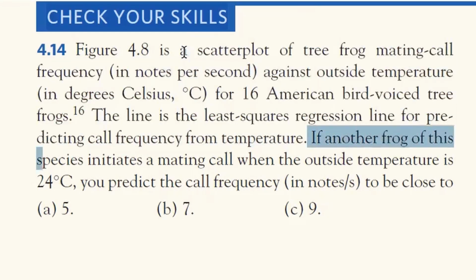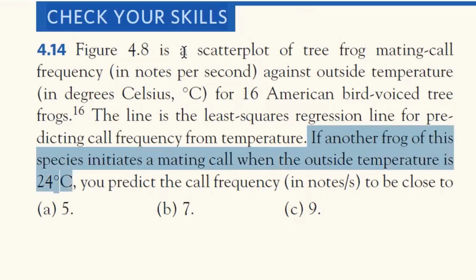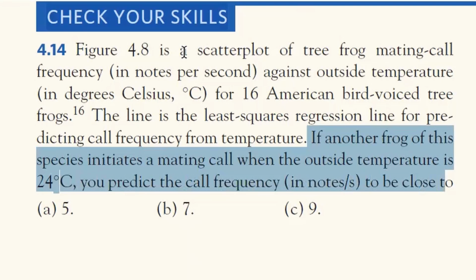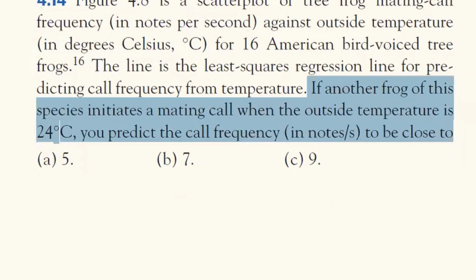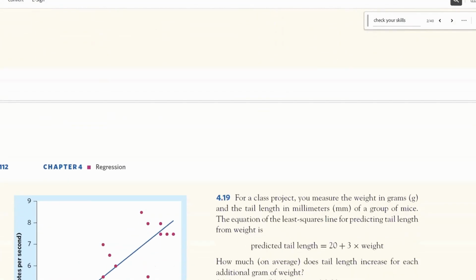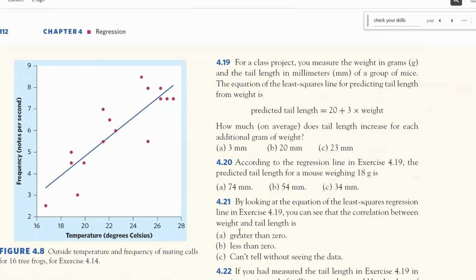If another frog of this species initiates a mating call when the outside temperature is 24 degrees Celsius, you predict the call frequency to be close to, and we've seen this very one before, haven't we? So if we had another frog on this graph that was calling at a temperature of 24 degrees, you'd go up here and you'd say, okay, there's 24.